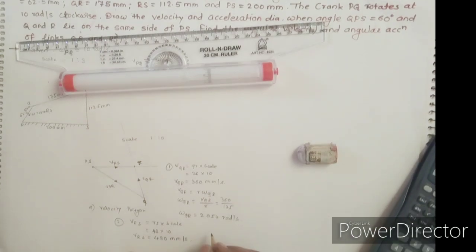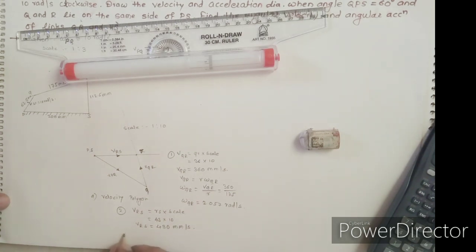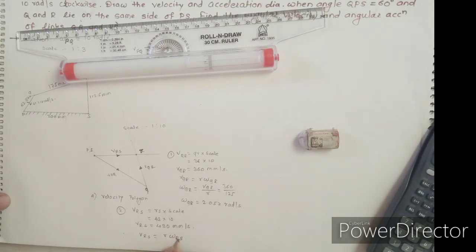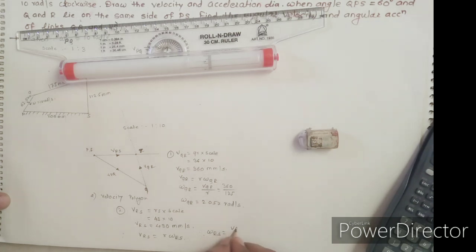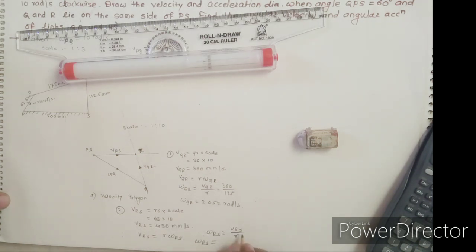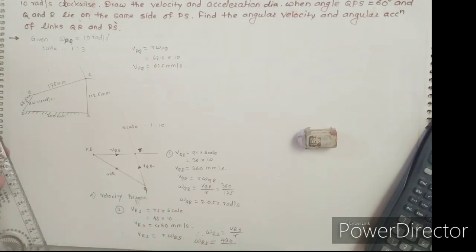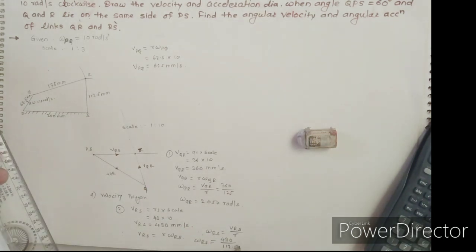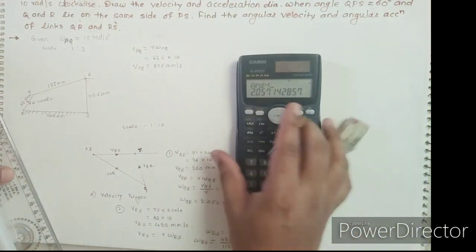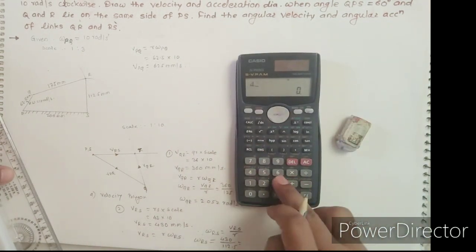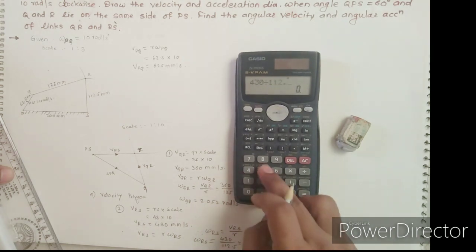Therefore VRS equal to r into omega RS. Therefore omega RS equal to VRS upon r. We have 430 divided by r, the length of the original link, that is 112.5. So 430 divided by 112.5, that is 3.82.